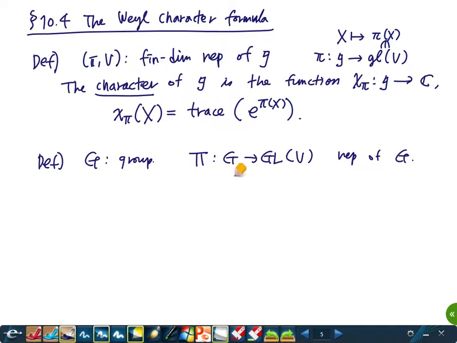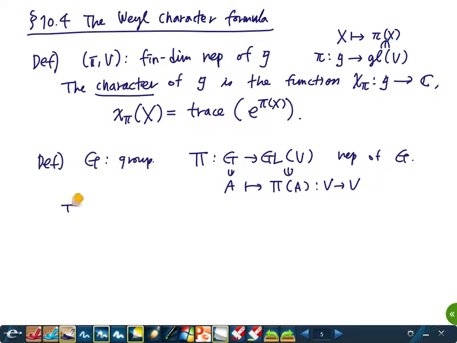So again, when you have an element A, this gets sent to an element that's in a general linear group. That means it's a linear map from V to V. So we can, of course, talk about the trace of this linear transformation.